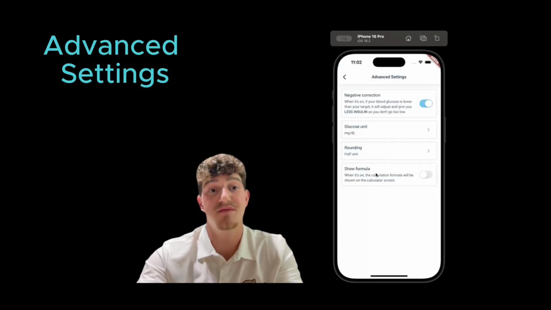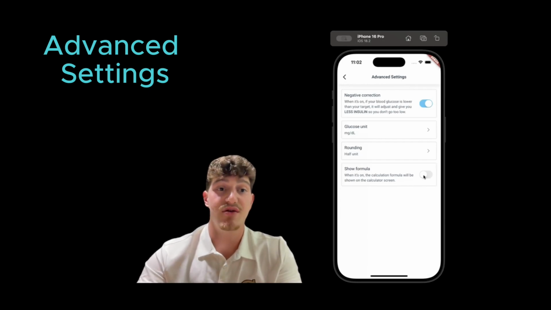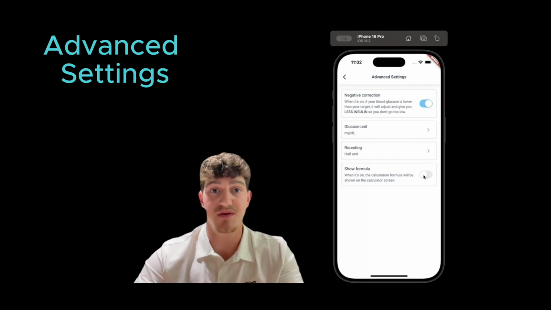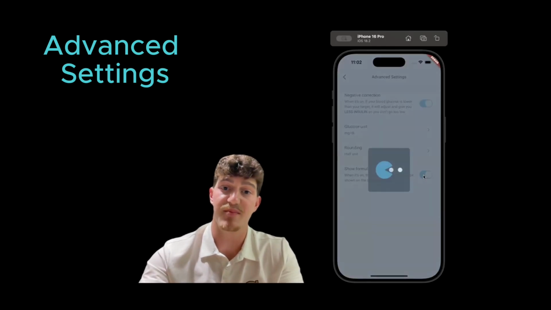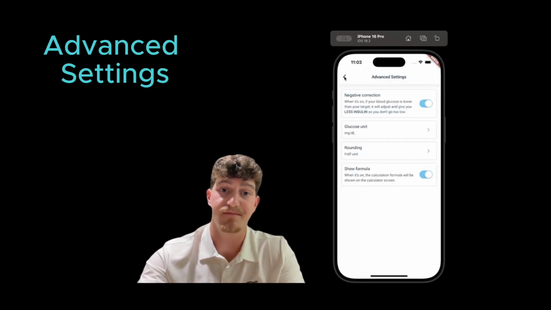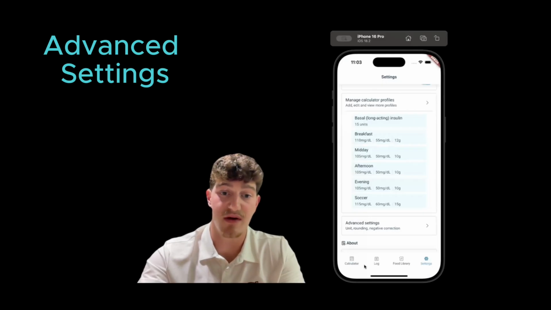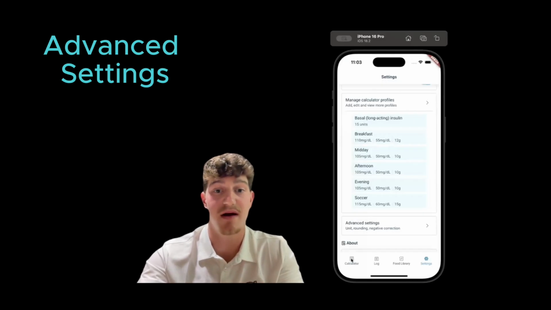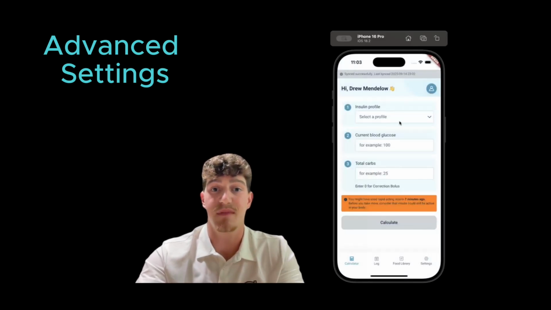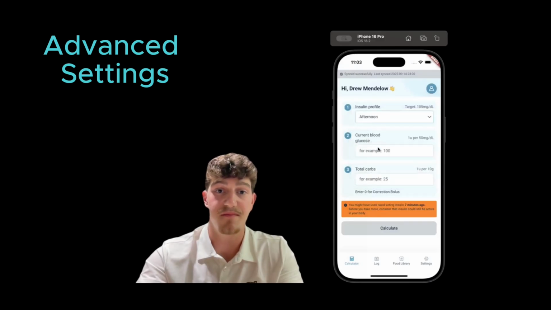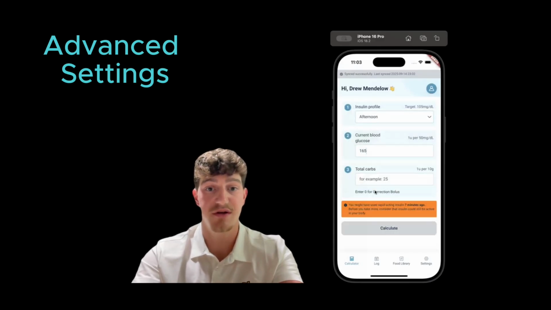And then this last setting, which is really cool, is show formula, which will actually show the exact calculation that the app used to calculate your insulin right when you calculate it. So I'll show an example really quickly. So I'm going back to the calculator screen now in the bottom left. So I'm going to select the profile, enter blood sugar, and carbs.